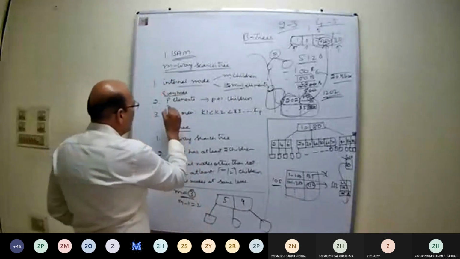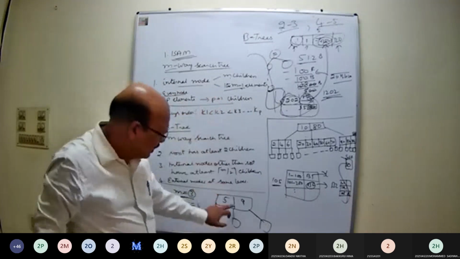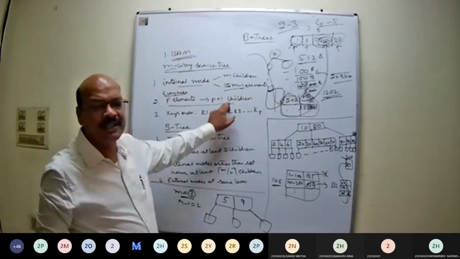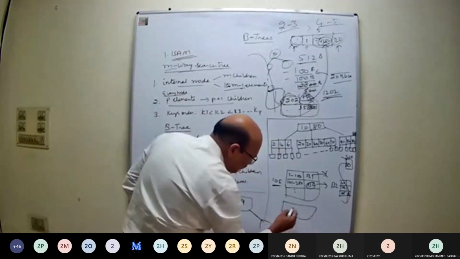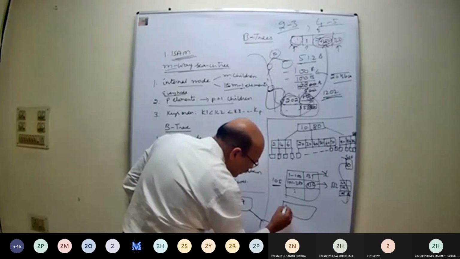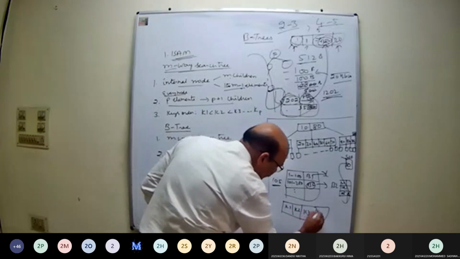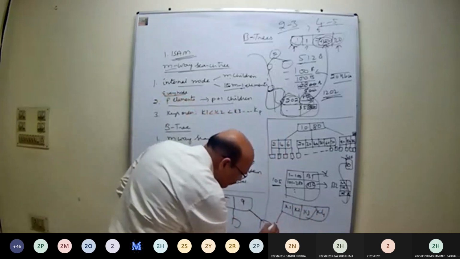Now, I already told you that in any internal node, if you store p elements, then it should have p plus 1 children. For example, if I take 4 keys here, K1, K2, K3, and K4, how many children can it have?